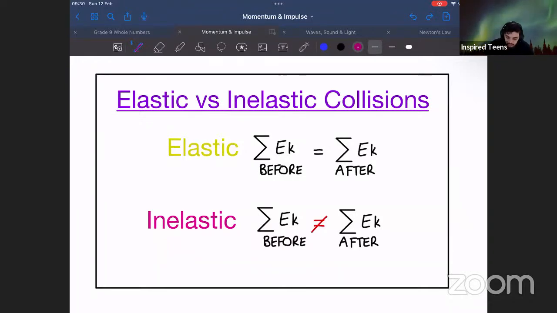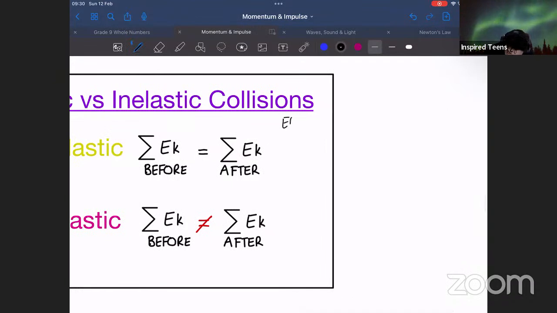Okay, we'll do an example, of course. Remember that EK is equal to half m v squared. So you need to know the mass and the velocity in order to calculate the kinetic energy.